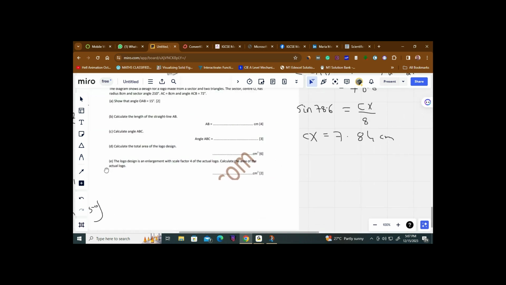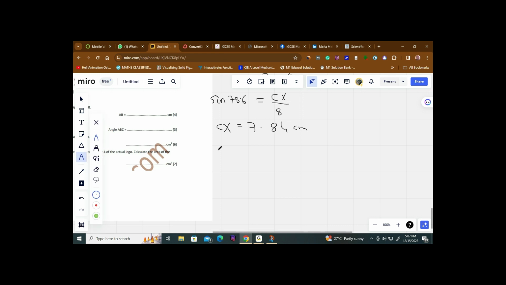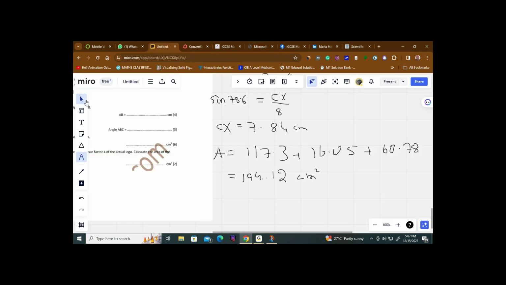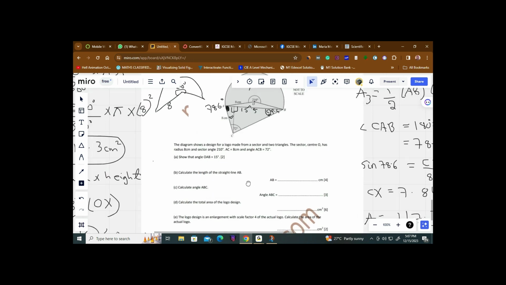Once we sum up, the area of the Lugo is going to be 117.3 plus 16.05 plus 60.78, and guys, we now have the final area, which is 194.12 centimeters square. Check the formula and check the answer, it's 194, and that's it. The area of the Lugo has just been evaluated.